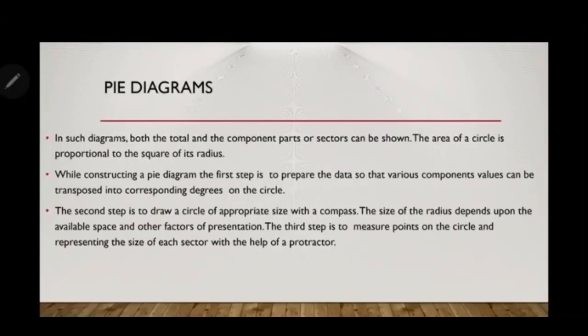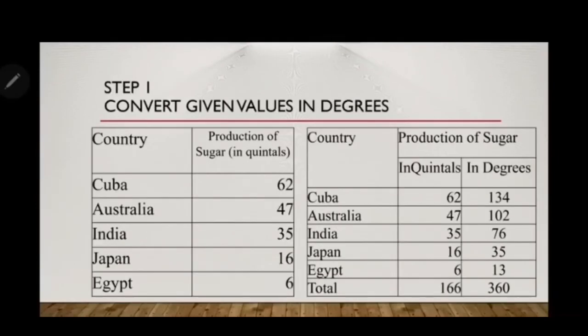Now coming to a pie diagram. A pie diagram is shown with the help of a circle in which a circle is divided into different sectors depending upon the value given. In order to draw a pie diagram, the step 1 is to convert given absolute values in the terms of degree.